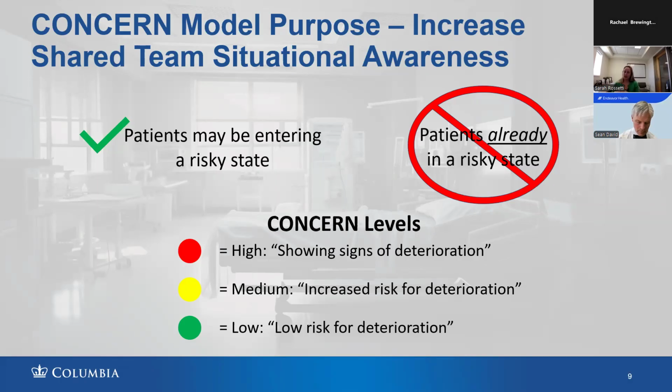And we became very clear on the fact that we're intervening on shared team situational awareness here. We're modeling a nurse's concern for patient deterioration, and we're displaying this risk score to the entire care team for the purpose that they all get on board about what this level of concern and level of risk is, so that they can have these early conversations about what that patient needs.